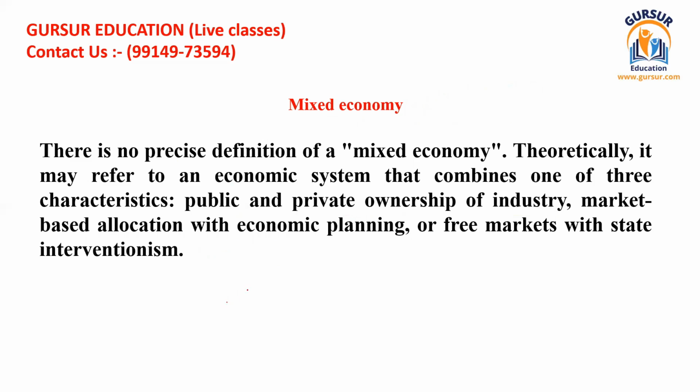Three kinds of economic systems we have studied. First, capitalism, in which all the means of production are owned by private entities only. The second is socialism, in which all the modes of production are owned by the government or the public.